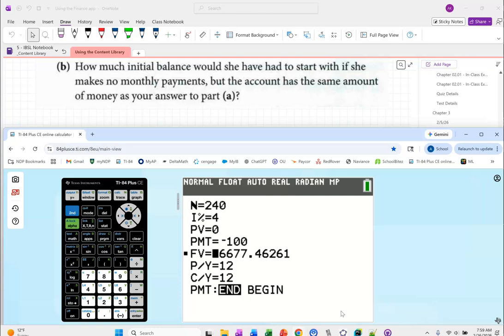A present value, right? That would be our initial investment. And our payment now is supposed to be 0, right? We want to find out how much we'd have to invest straight away to end up with the same amount at the end as if we paid $100 a month for 20 years.